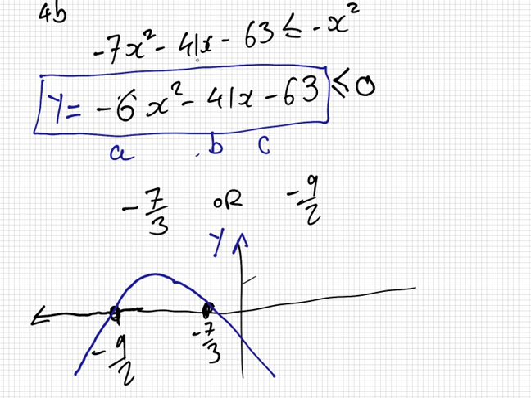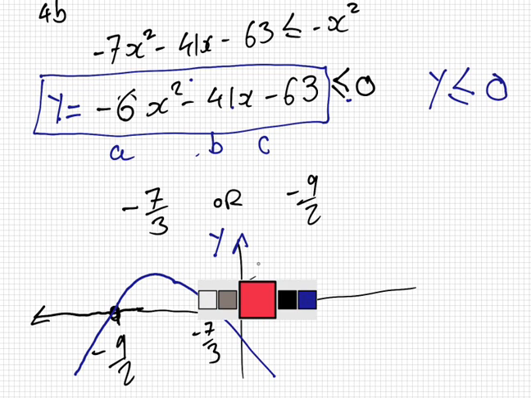If I go back here, this is equal to y, and I want this to be negative. So I want y to be smaller than or equal to 0. So if I look at my graph, that's everything here, under. I want y to be negative. Here is positive y and here is negative y.